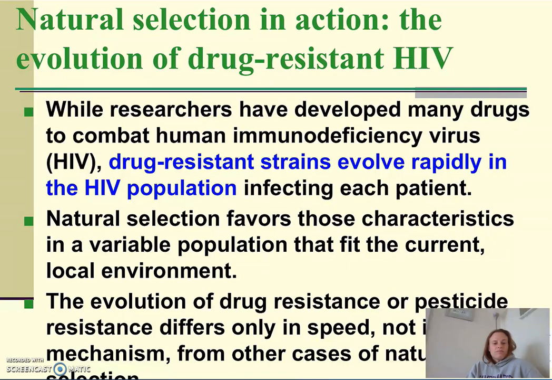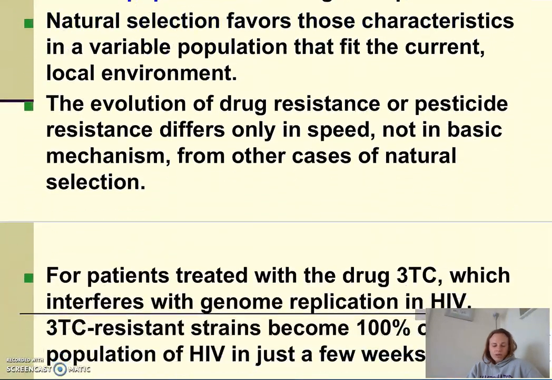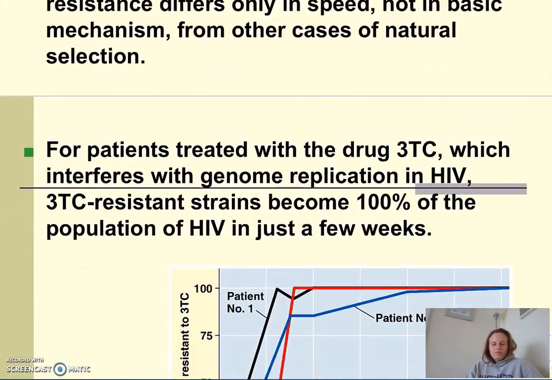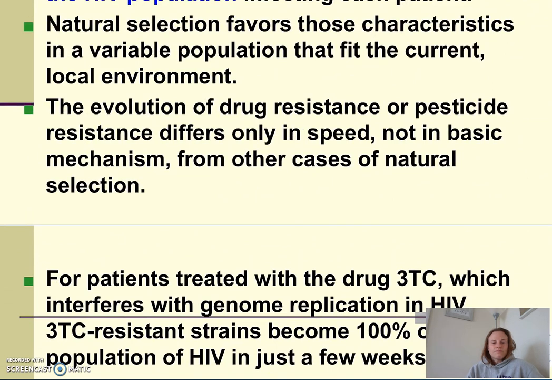Another example is multi-drug resistant tuberculosis, which developed in prisons in Russia. Because those Russian prisons were often very crowded, tuberculosis spread rapidly and was able to develop a resistance to the medication that was supposed to kill them.